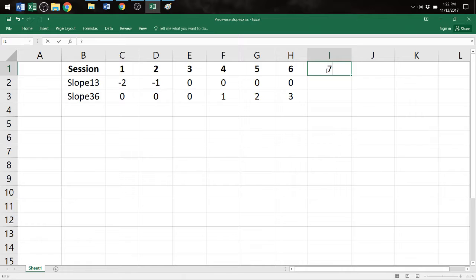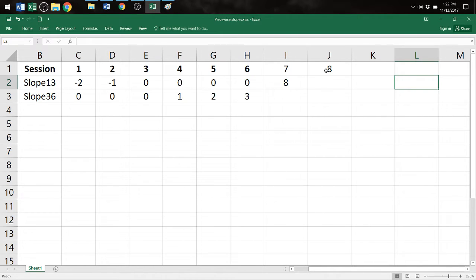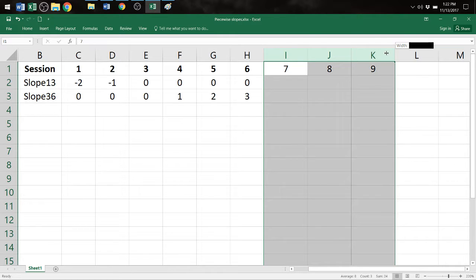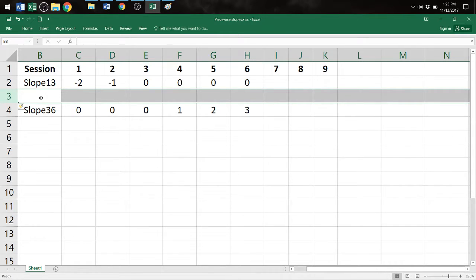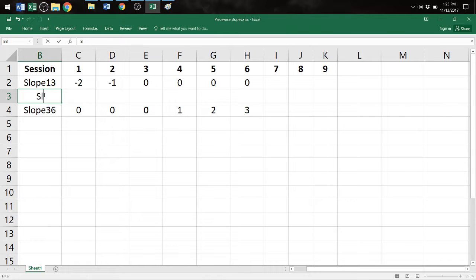Now let me make this a little bit more complicated. Let's go out to 9. Now let's say that I wanted to put in, hypothetically, a jump that happened at slope 3 onward, and then a rate of change that was supposed to pick up for the rest of the time.